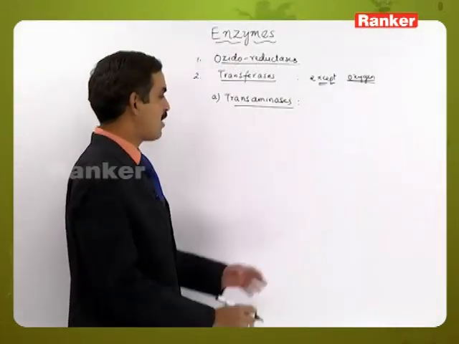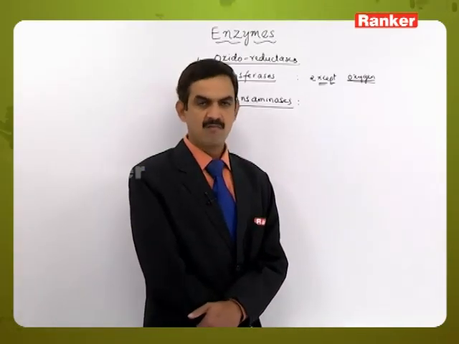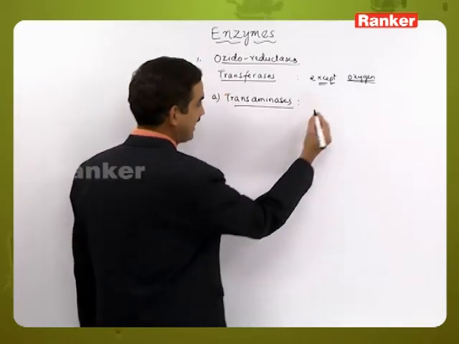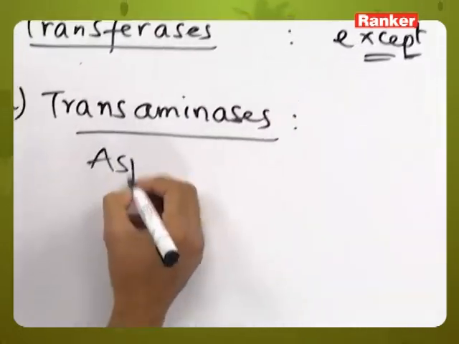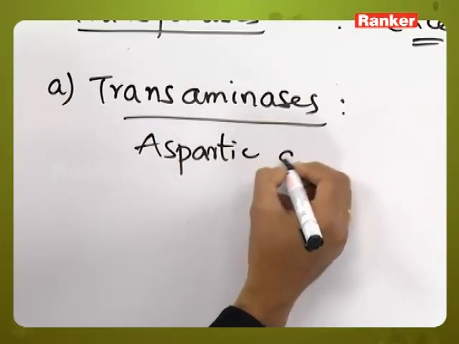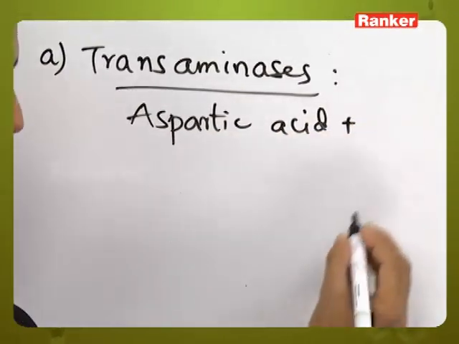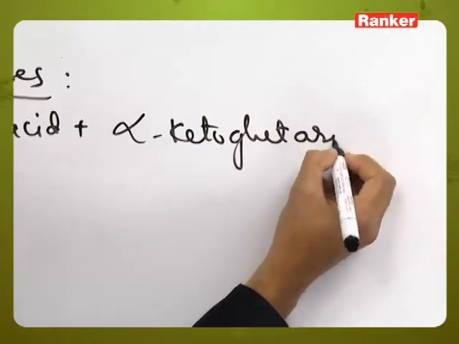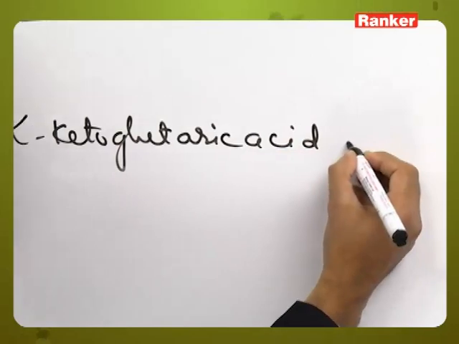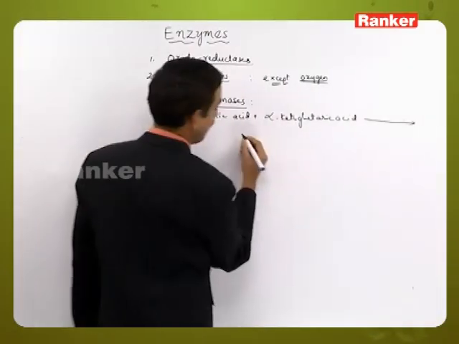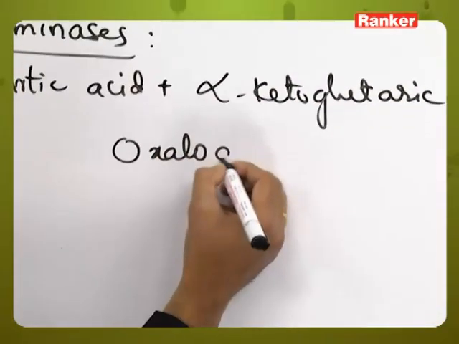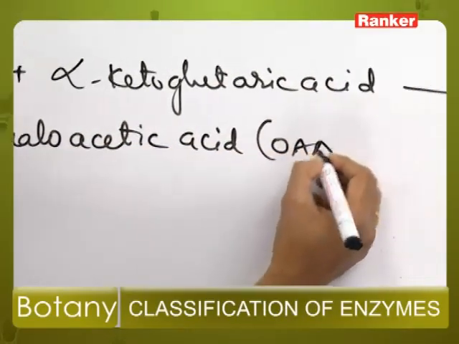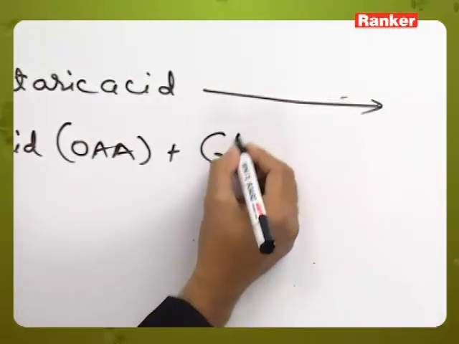Here the amino group is transferred from one substrate molecule to the other substrate molecule. We can take an example: aspartic acid is one substrate molecule, which reacts with alpha keto glutaric acid, and this will be converted into oxaloacetic acid, that is OAA, and glutamic acid.